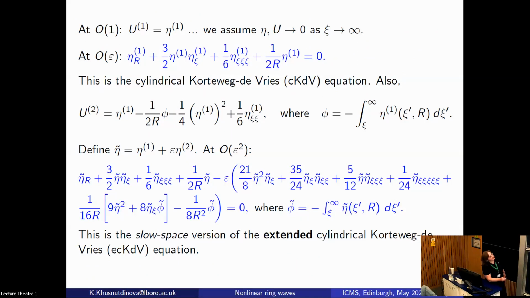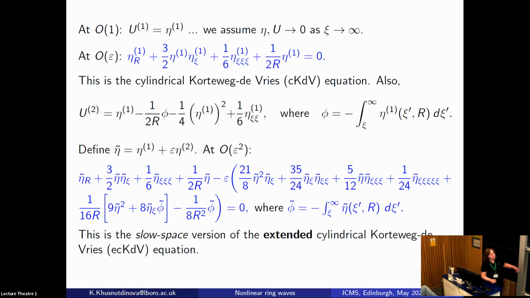At order epsilon, we arrive at this equation for eta 1. That's the cylindrical KdV equation, and also this correction to the horizontal, radial velocity, U2. And that's how we introduce the non-locality, right?